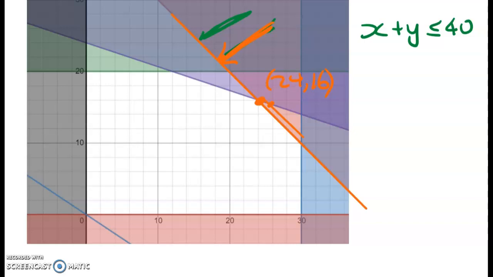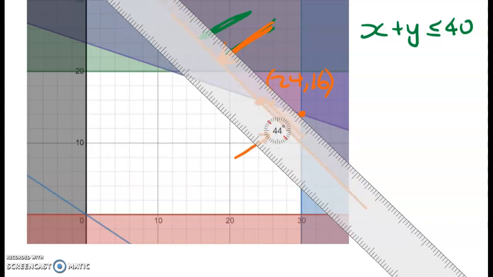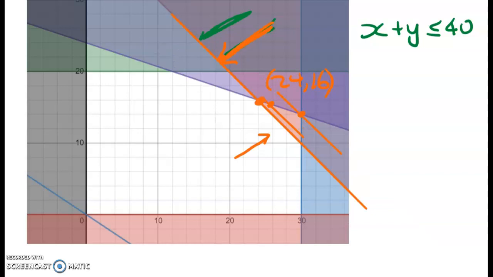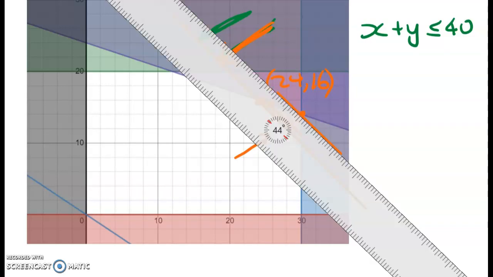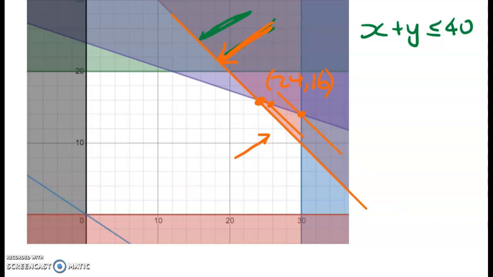So what we have to do is to keep pushing that line out in this direction until it isn't going to be what's stopping us making more money. And that's going to happen at this point here. If I take my ruler and slide it out like this, then that's how far we need to go. Let's get rid of the ruler and clean up these lines.